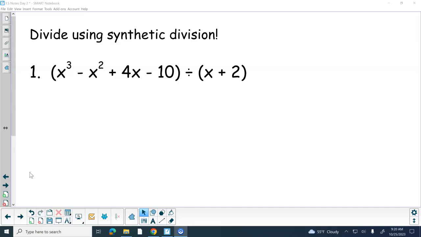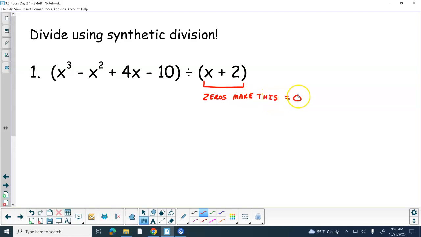So he said zeros go on the outside. Zeros are what makes this 0. So what makes that equal to 0? -2. So -2 is going to go on the outside. How you draw the synthetic division work area is fine.